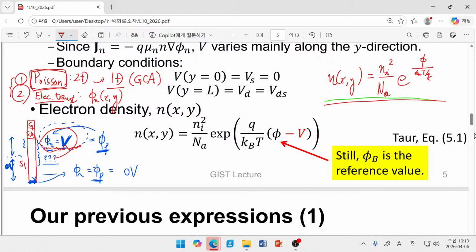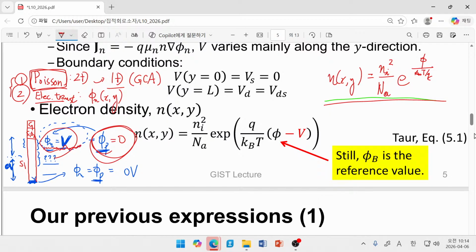But in our hole case, source and drain do not work as a carrier reservoir. They do not play any role. So for our hole gas, the only important contact is the substrate contact, and it is grounded, so it should be regarded as 0 hole quasi-Fermi potential.